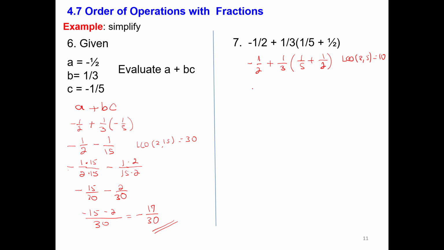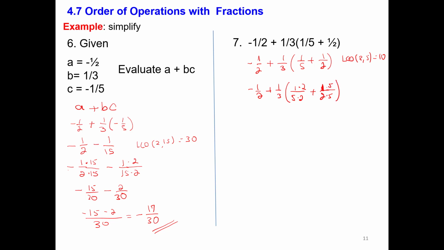Now we multiply the first fraction by 2 on top and bottom to get 10 as the denominator, and the second fraction we multiply by 5 to get 10 as the denominator.